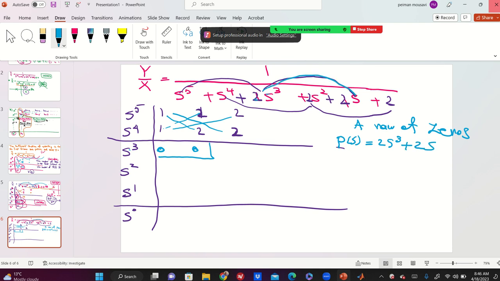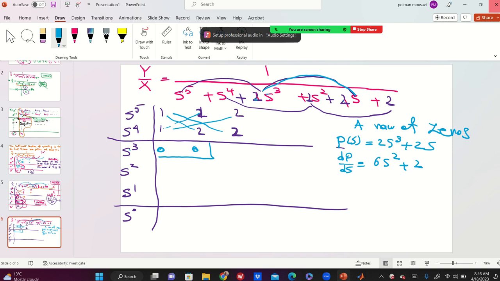This is how you write that. Then you're gonna have the derivative of that, dP over ds, gonna be 6s squared plus 2.